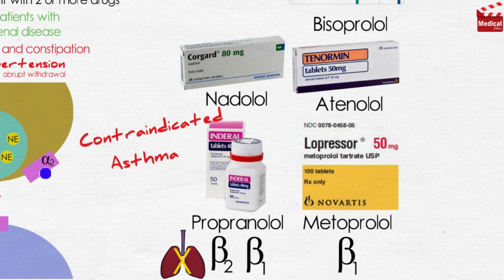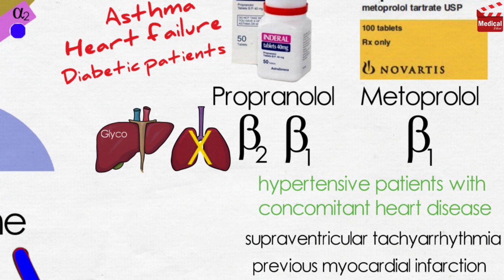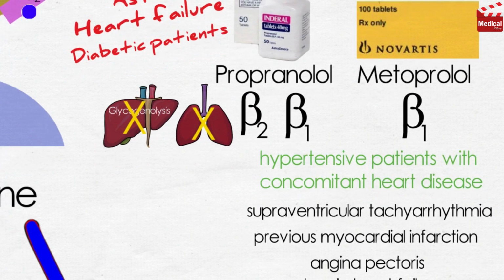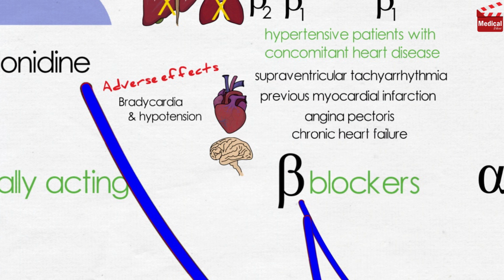Beta blockers should also be used cautiously in the treatment of patients with acute heart failure or peripheral vascular disease, and with diabetic patients, as they potentiate the hypoglycemic activity of insulin and oral hypoglycemic drugs, due to blocking of hepatic beta-2 receptors mediated glycogenolysis. Their adverse effects include bradycardia, hypotension, and CNS side effects such as fatigue, lethargy, and insomnia.